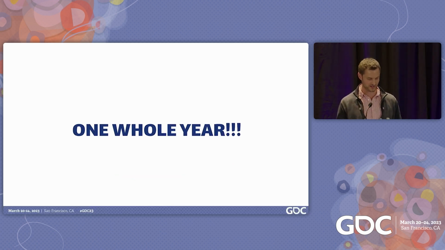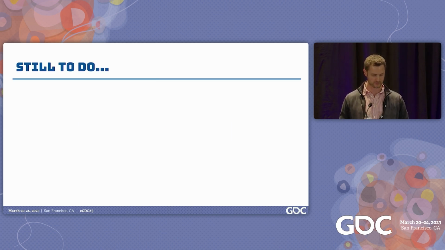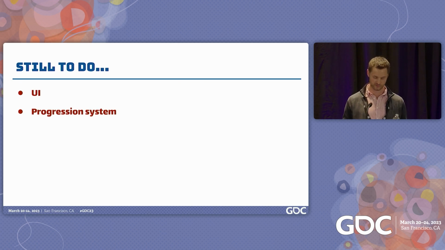Most of you are actually right. I thought you were going to guess less. But yes, it was 1 whole year. So the original idea of 3 to 6 months, that was completely not happening at this point. The reason it took so long was I still had UI to build, a whole progression system and economy, all the ads and monetization stuff, marketing.